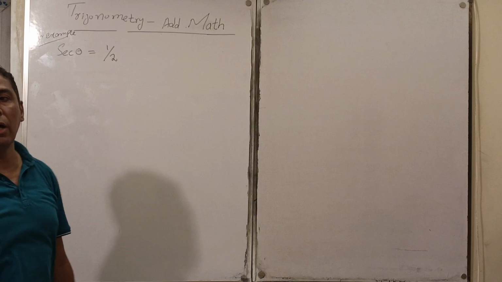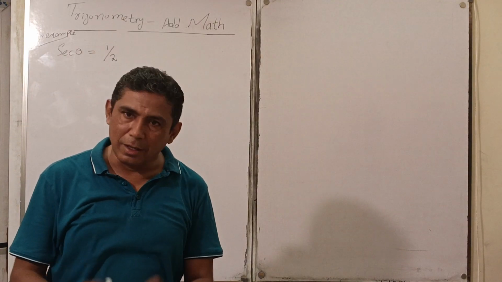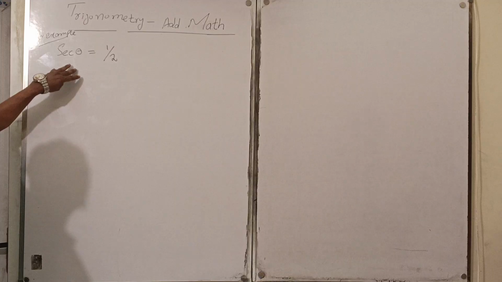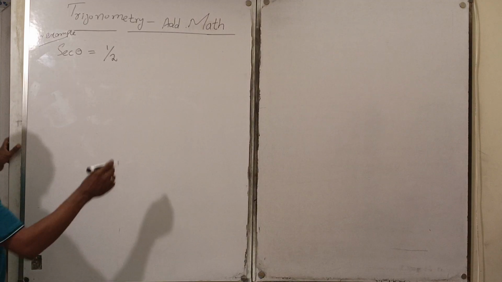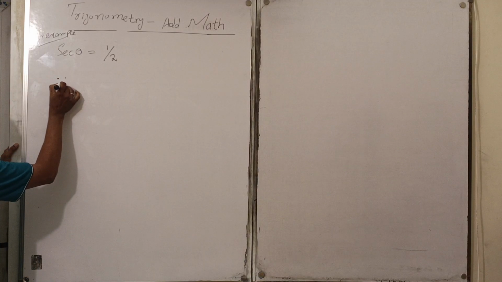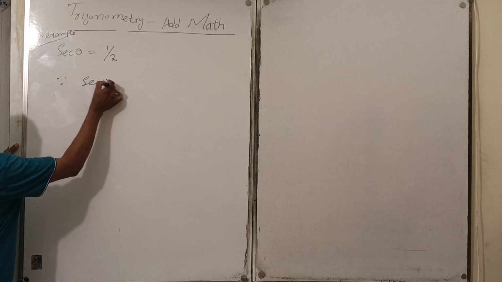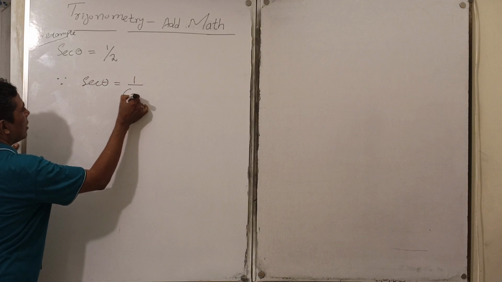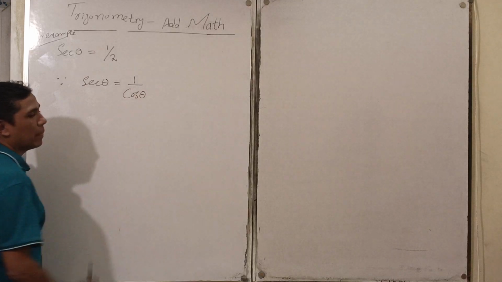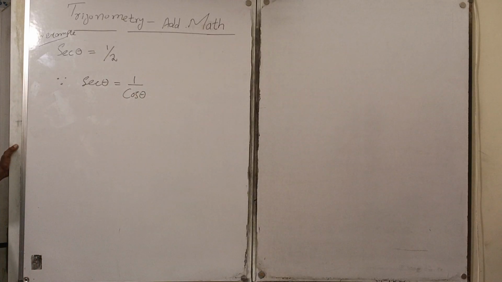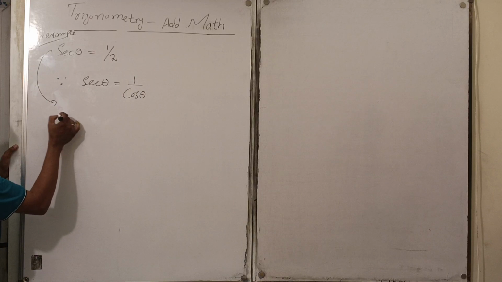How will you plot a graph of this one? You know that sec theta equal to 1 over cos theta. So now I convert it into how?